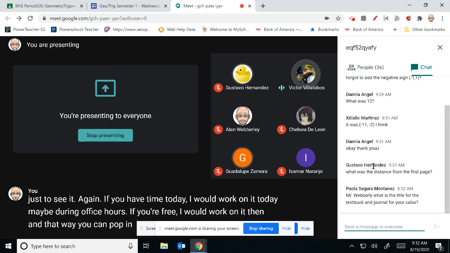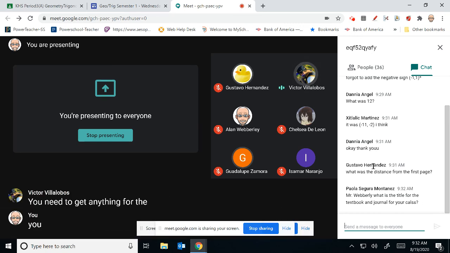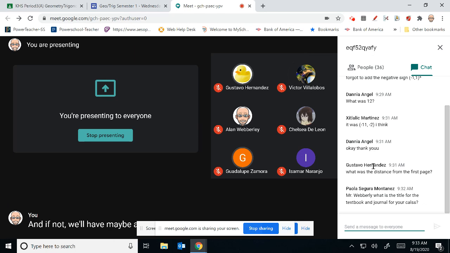Do we need to get anything for the trigonometry section? Not yet. No, we'll get those in March. So you don't have to get any of those yet. Just get the Geometry Journal, and if you want a big textbook, you can also get the Geometry textbook. You don't have to have that because we have an online version of that where you can get that through Big Ideas. But it's okay to have one if you want it.